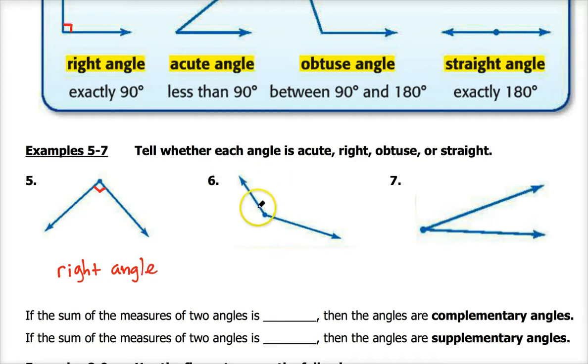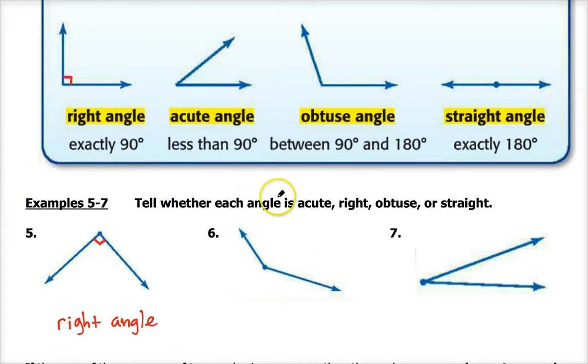Number 6, this angle appears to be wider on the inside than a right angle, so it must be an obtuse angle. It's more than 90 degrees, so we would call it obtuse. And then number 7, this angle appears to be narrower on the inside than a right angle, so it must be less than 90 degrees, so it's an acute angle.